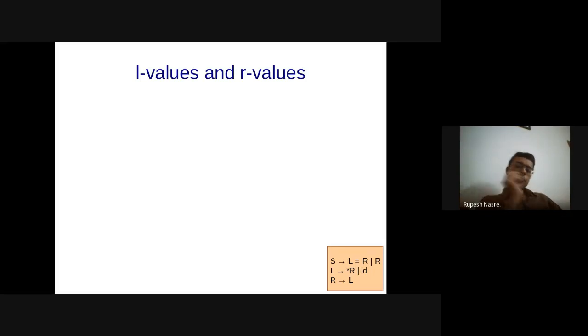Okay, I think there is something more to it. Equal to dollar and equal to star ID. How would star and ID appear in the follow of S? Yeah, that I'm not able to see.